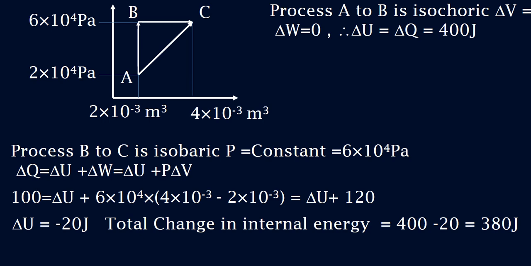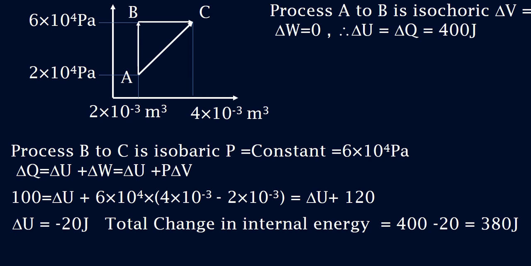Process from B to C is isobaric, that is, pressure is constant, given as 6 into 10 raised to 4 Pascal. From the first law of thermodynamics, delta Q is equal to delta U plus delta W, which is equal to delta U plus P into delta V.